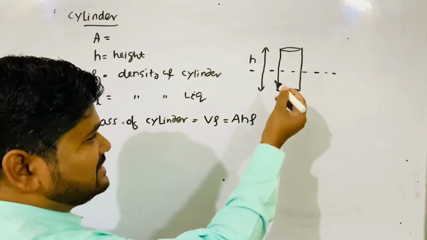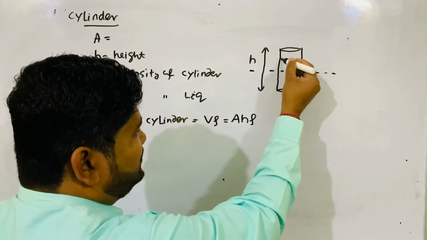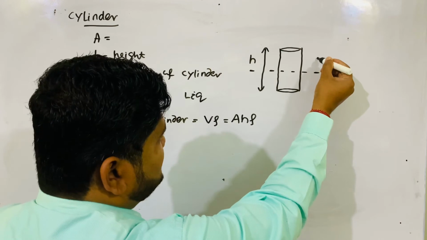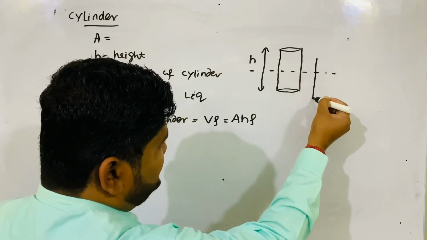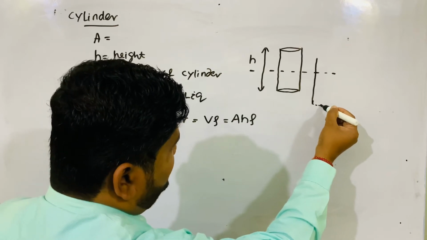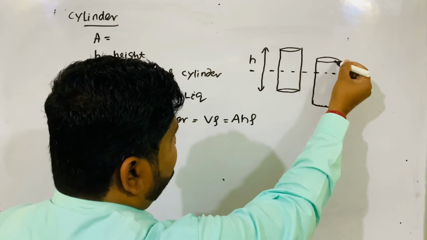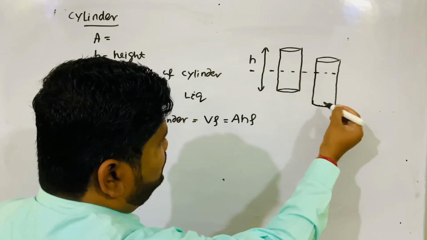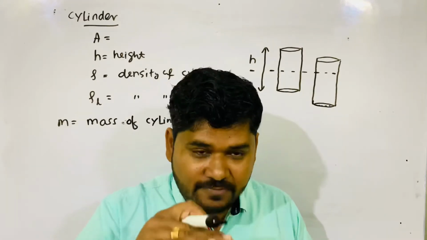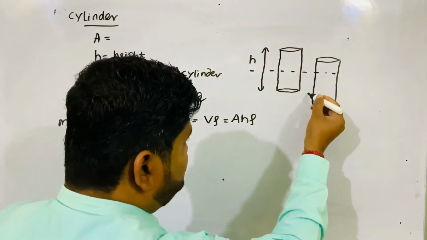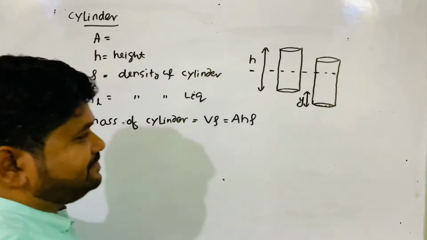So when you push it, now what happens? The cylinder now becomes like this. A small y distance, now it is displaced down. Now this is the situation. When you push it, how much distance do you push? Y distance you push it.